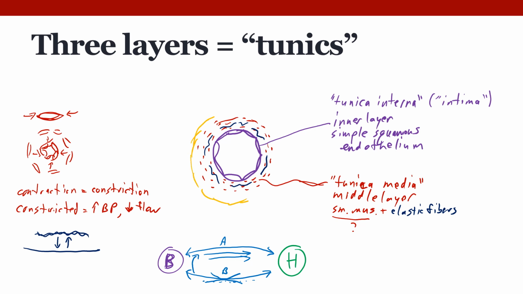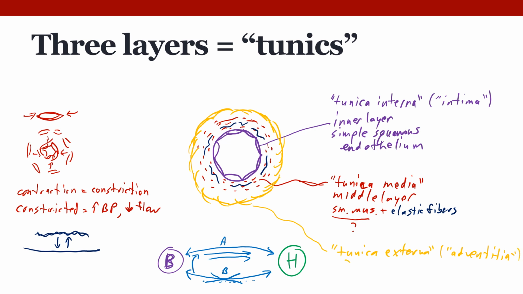And then there is a layer around the outside of fibrous tissue. This is called the tunica externa, though again, instead of externa, sometimes it's called adventitia. It's kind of an older name for it.